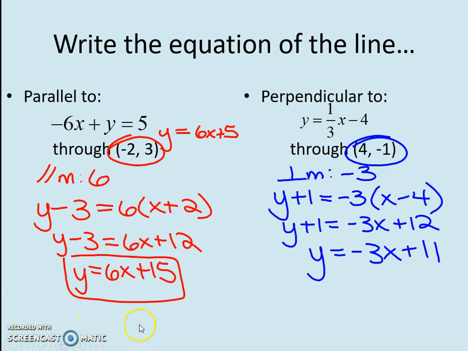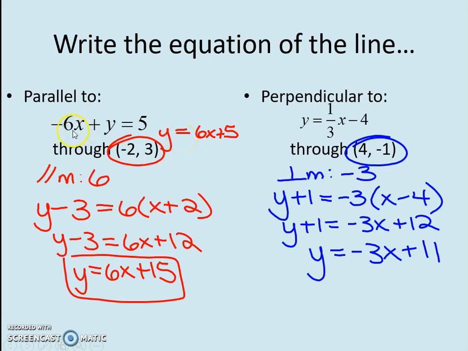Write the equation of a line that is parallel to negative 6x plus y equals something, that goes through negative 2 and 3. So first of all, you're going to change this to y equals mx plus b.